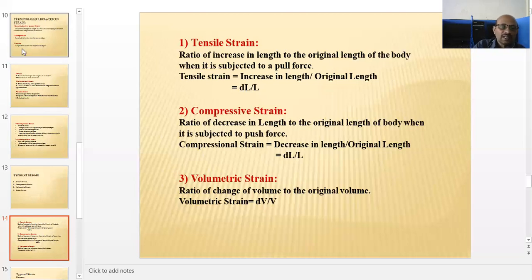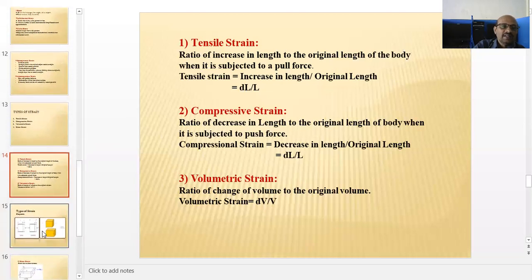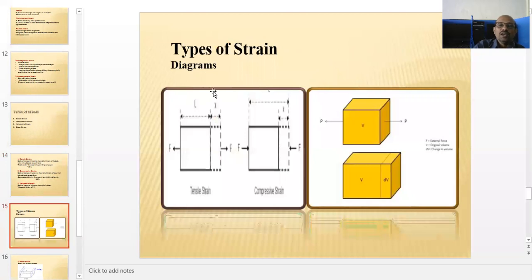Okay, next we'll see one more slide here on types of strains. See the compressive strain: this is the original length, and after applying compressive force there is this much decrease in length.